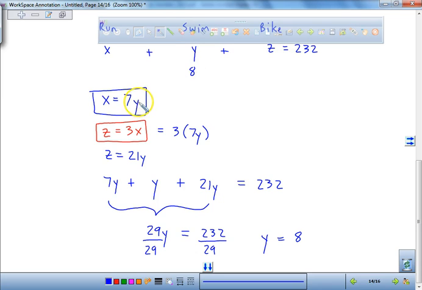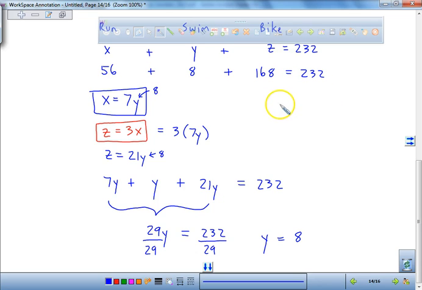But wait a second. What is x equal to? 7 times 8, which is 56. And then if we plug in an 8 for 21y, 21 times 8 is 168. And all those add up to what? 232.